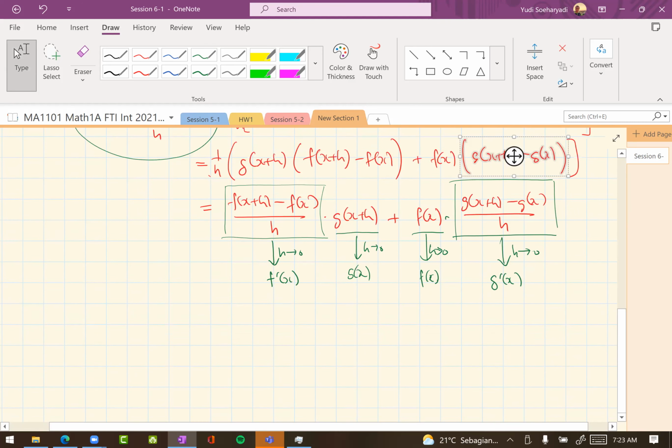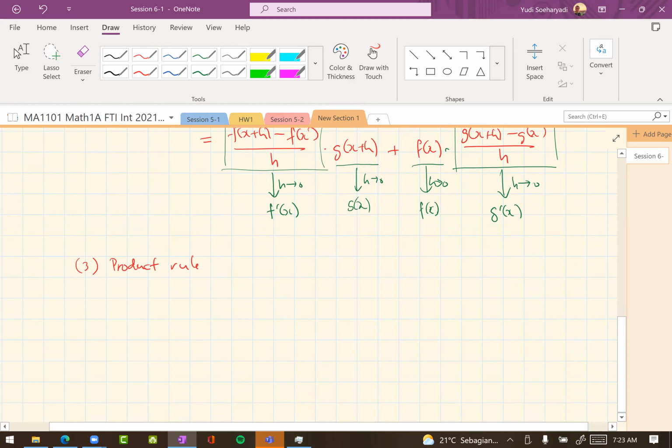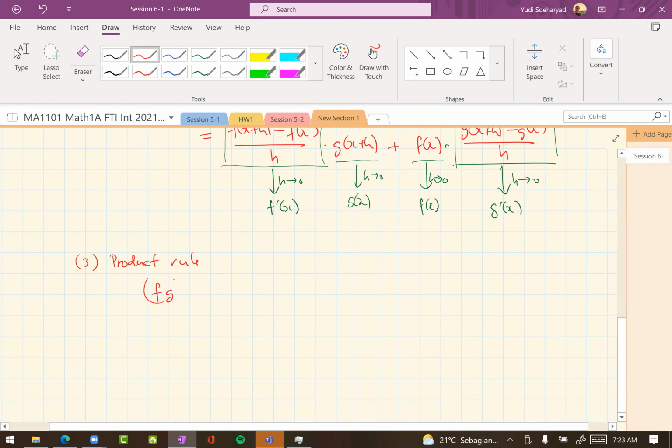So what it tells you is that this formula number 3, what we call the product rule, is that if you multiply first and then take the derivative, what you get is that you apply the derivative to the first one times g, and then f times the derivative of the second term. Okay, so this is what you call the product rule.